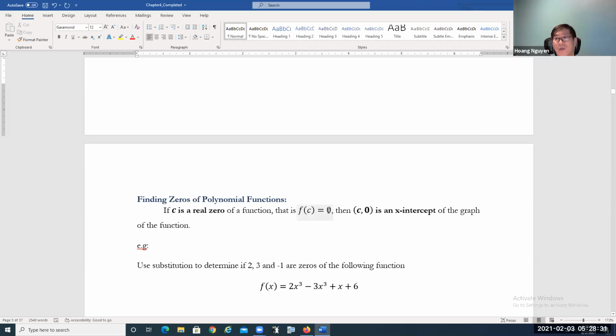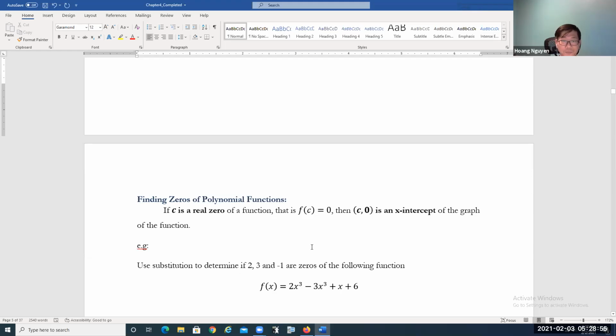It means that when you plug in the input c, the output of the function will be zero. Then you can say that the ordered pair (c, 0) is going to be the x-intercept of the graph of the function. Okay, so the zero is going to be the x-intercept of the graph of a polynomial function.